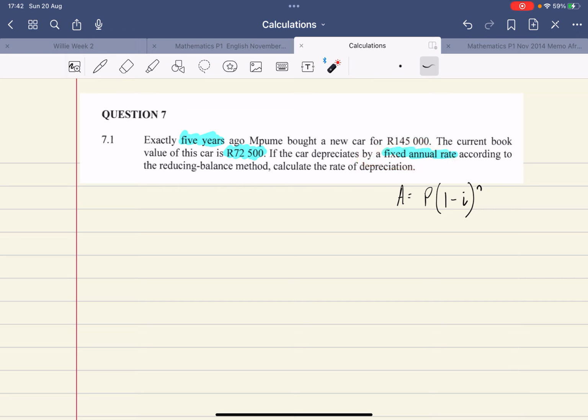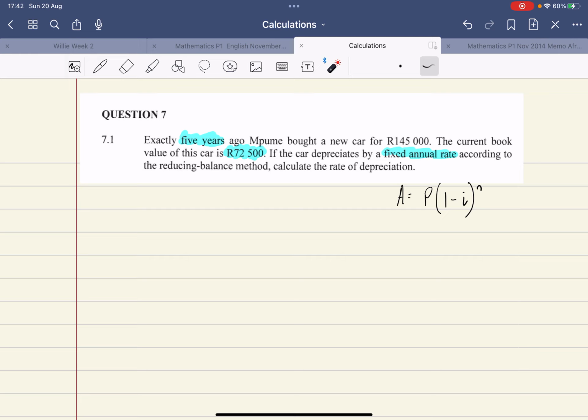And they even tell us that we're going to be working with the reducing balance method. So there's a fixed, predetermined percentage that will be reducing the vehicle every year, annually. So they ask us to calculate that rate of depreciation.